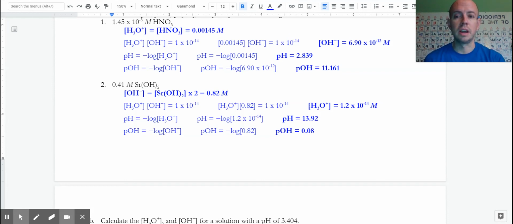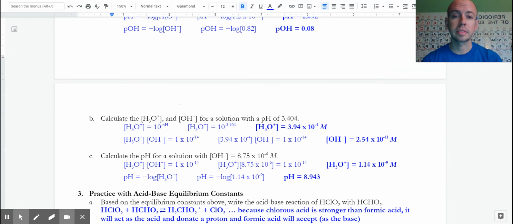We solve for hydronium, we solve for pH, we solve for POH, and do note that it's possible to have pHs really close to 14 or even above. POH is really close to 0, and it is possible, at least mathematically, to go below 0 for a pH or POH and above 14 as well.